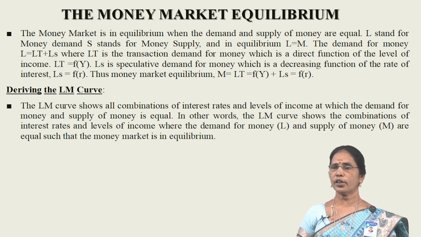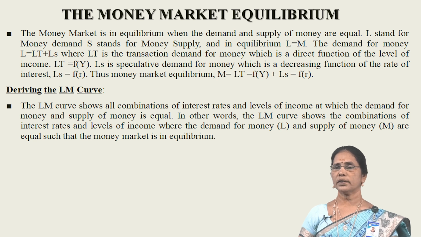LS is the speculative demand for money, which is a decreasing function of the rate of interest. Therefore, LS is equal to a function of R. Thus, money market equilibrium: M is equal to LT, a function of income, plus LS, a function of R, that is the rate of interest.